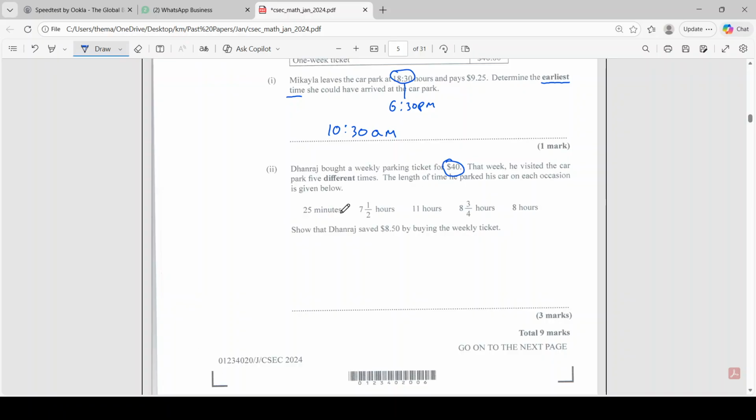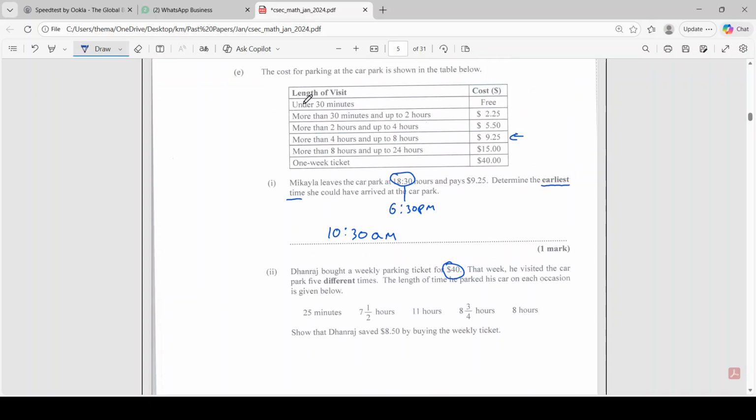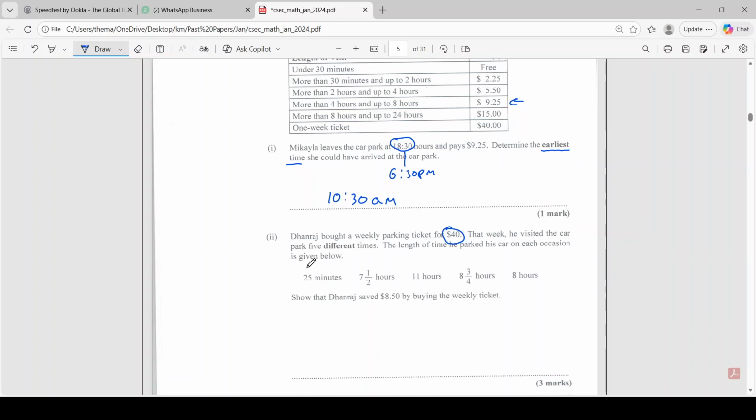So let me determine how much each would have been. 25 minutes is under 30 minutes, so that would be free. 7.5 hours would be between 4 and 8 hours, so that is $9.25. 11 hours would be more than 8 up to 24, so that is $15. 8 and 3/4 is more than 8 hours, so that would be $15 again.